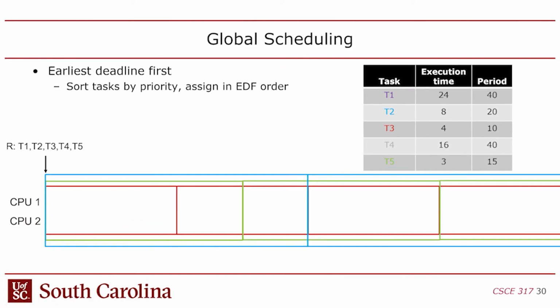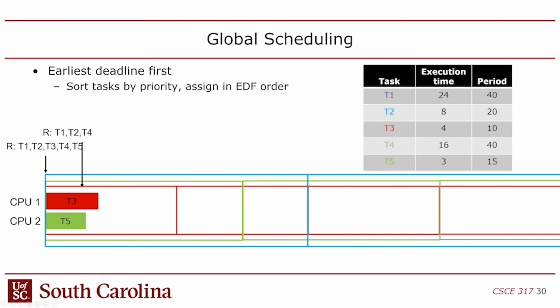Okay, at time equals 0, we have all 5 tasks ready. The one that we will schedule first is the one with the earliest deadline, which is this red one, T3. The next one we'll schedule is the next highest priority, which is the green one here, T5. T5 finishes actually before T3, and when it does finish, we have T1, T2, and T4 ready.